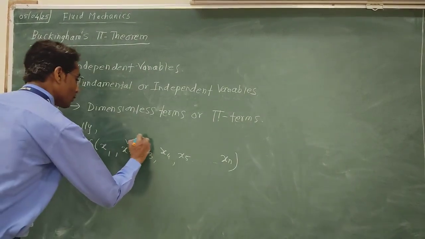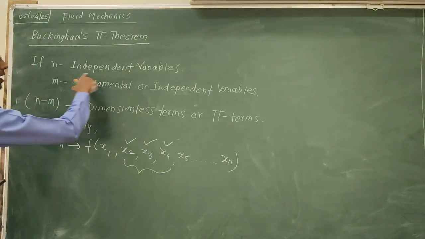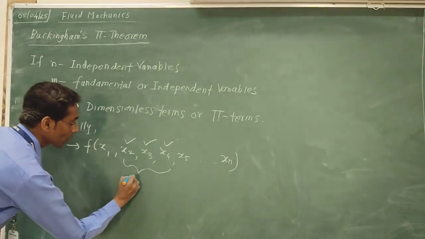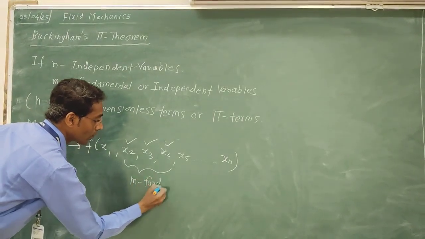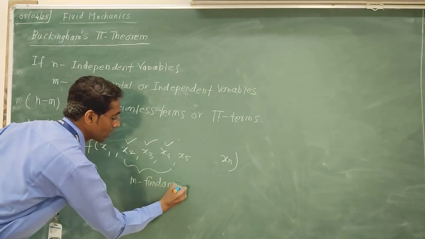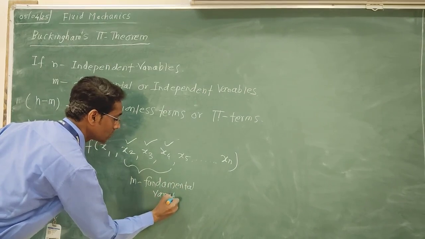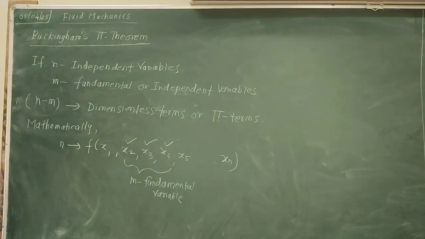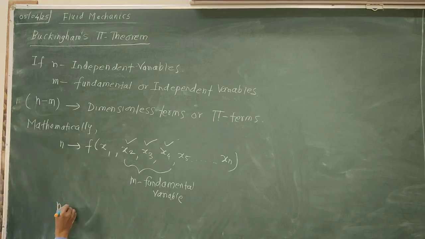In this, we select 3 fundamental variables out of these n variables. Then n minus m will be what? Pi terms.